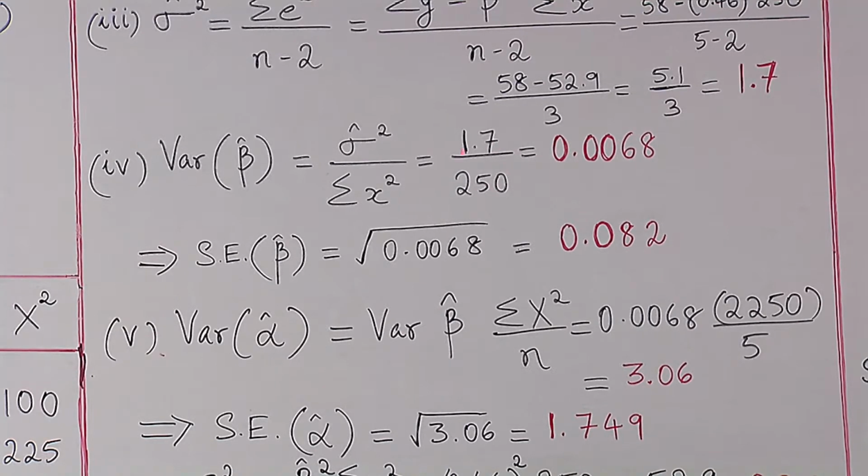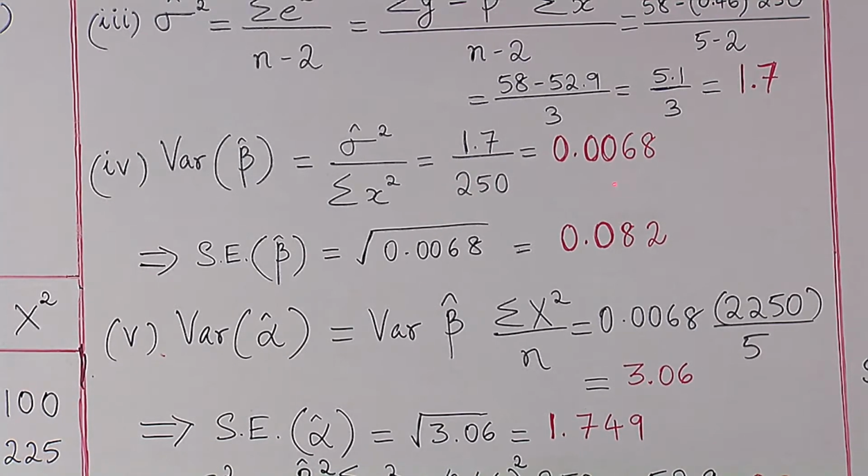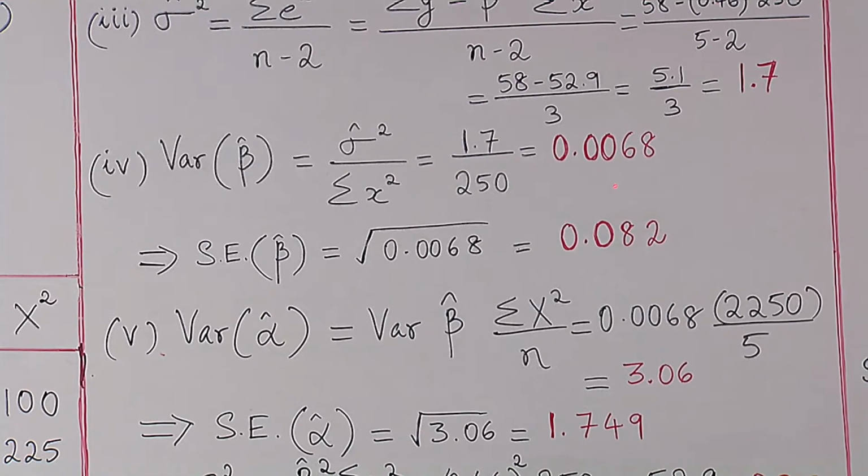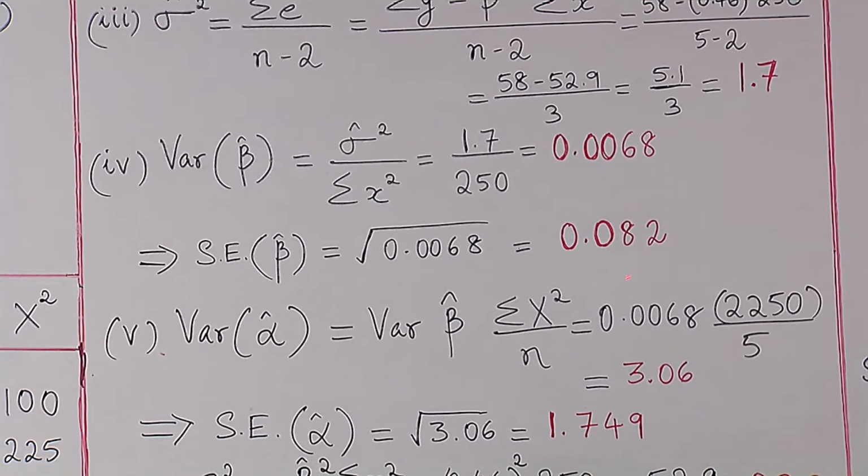So, on division you get the answer as 0.0068. From this variance, we are able to compute standard error of beta hat. It is the root of the variance of beta hat, which in this case is 0.0068. So, root of 0.0068 gives us the answer 0.082.